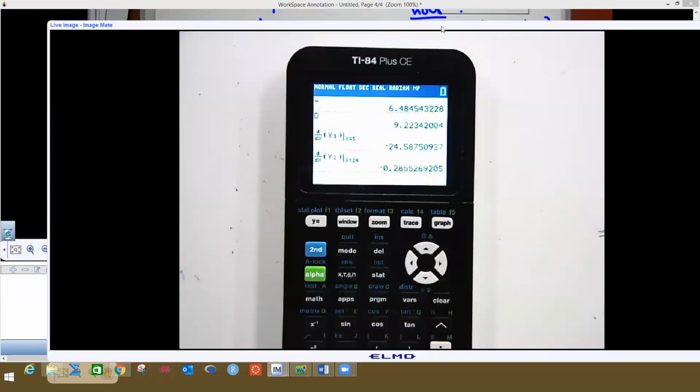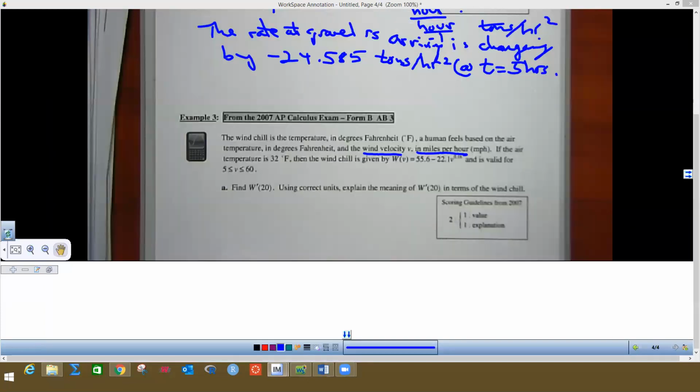So now I got to move this back out of the way here. And I'm going to write that answer in up there, and then I'm going to write the interpretation of that answer. So when I write this answer, I'm going to say W prime of 20. Again, I must tell them what I'm giving them. If I don't tell them W prime of 20, that's called a bald answer, and you will lose points just like you did on that test. So this is negative 0.286.